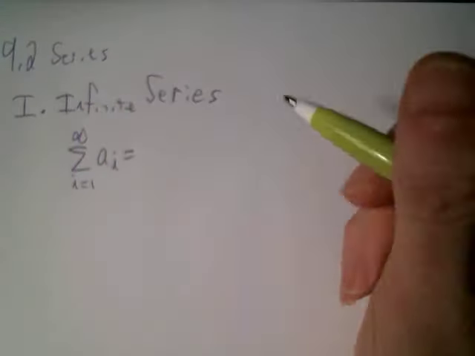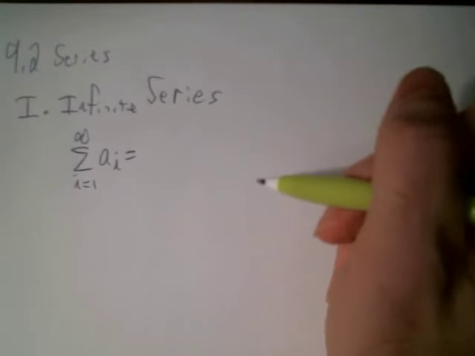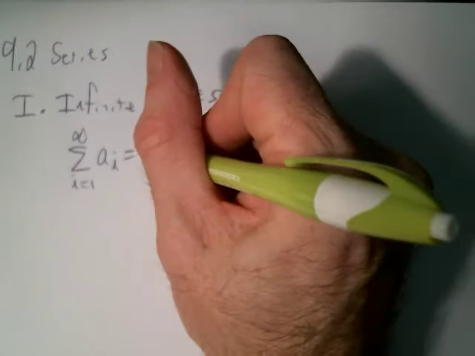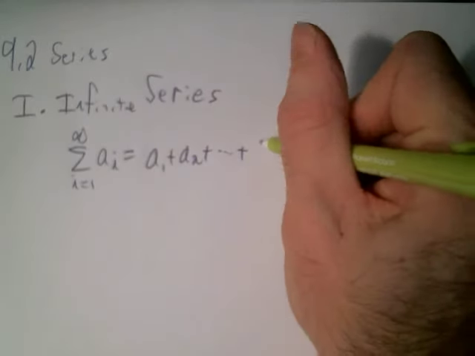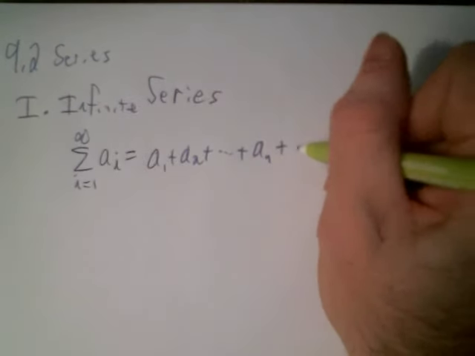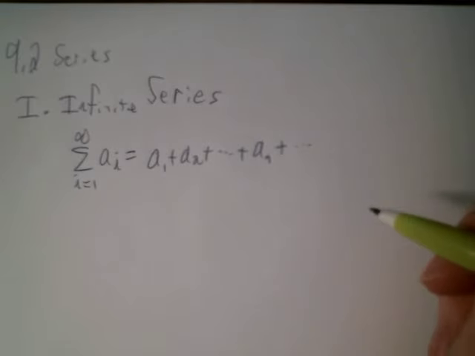It's just a sum of a bunch of terms of a sequence, basically. So it's a sub 1 plus a sub 2 plus dot dot dot plus some general a sub n plus dot dot dot forever and ever and ever, right?